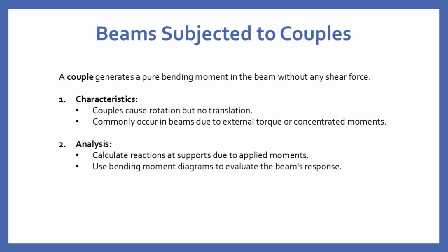For example, a simply supported beam with a central couple will rotate around that point, with supports developing reactions to maintain equilibrium. The bending moment diagram shows how the rotational effect spreads through the beam. Understanding couples is essential for real-world applications like machinery torque and wind-induced twisting on tall buildings.